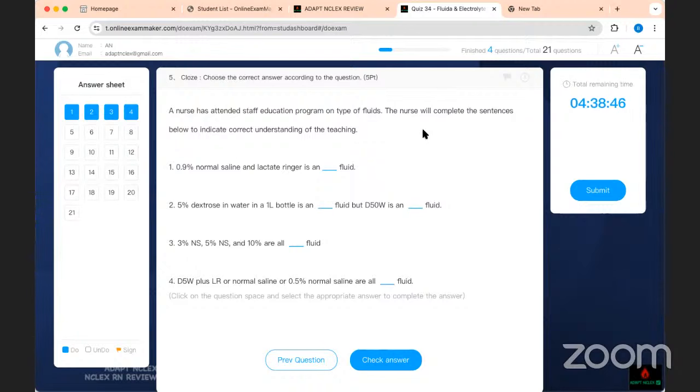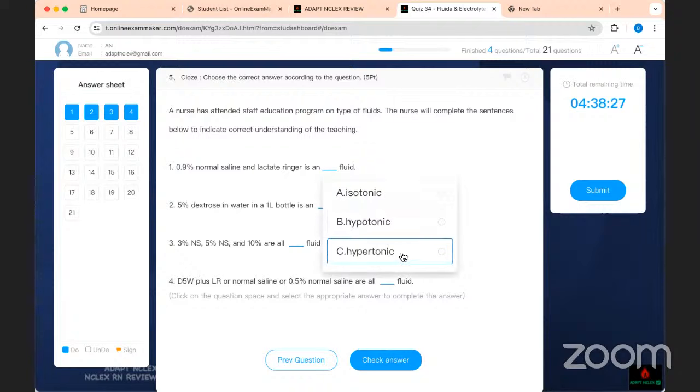The next one: complete the sentence below to indicate correct understanding of the teaching, after a nurse has attended a staff education program on types of fluid. So this is just to show you all the fluids you need to know and what they mean. 0.9% normal saline and lactated Ringer's. What kind of fluid are they? Are they isotonic, hypotonic, or hypertonic?